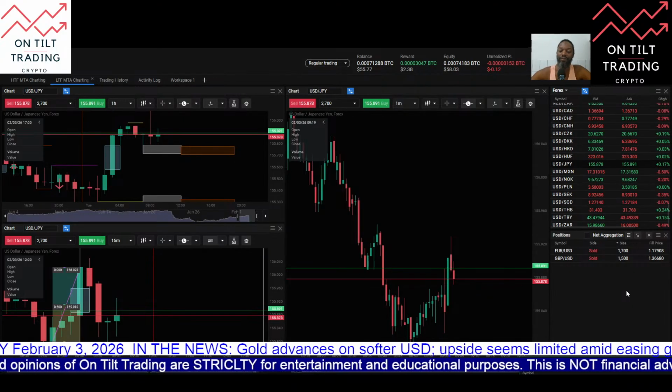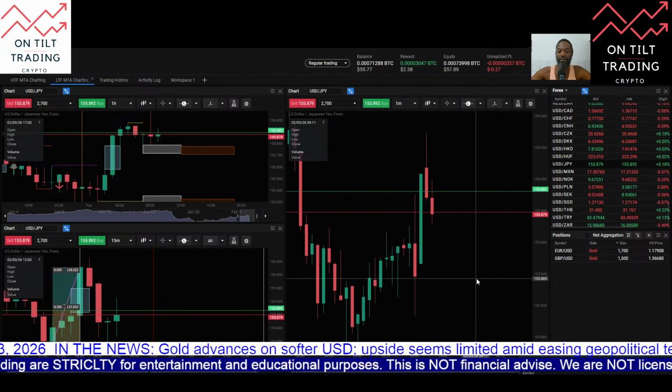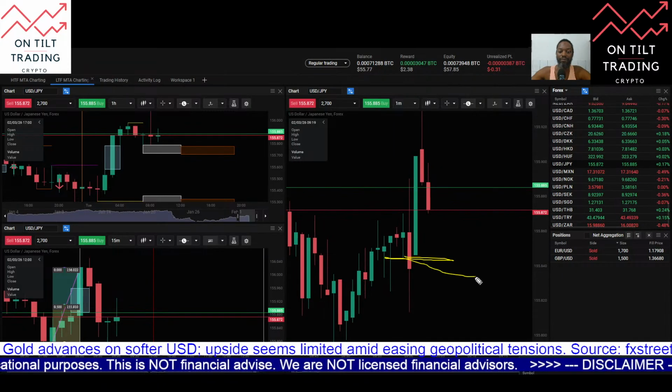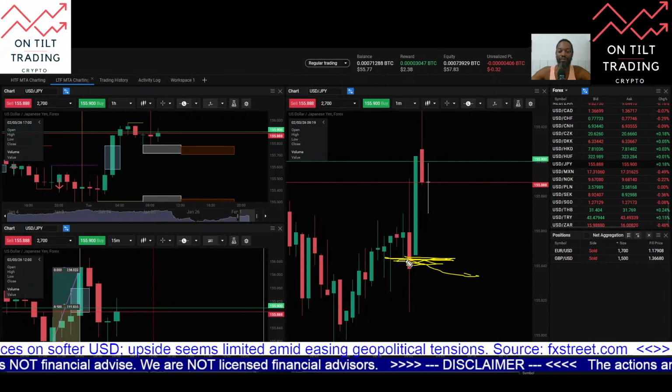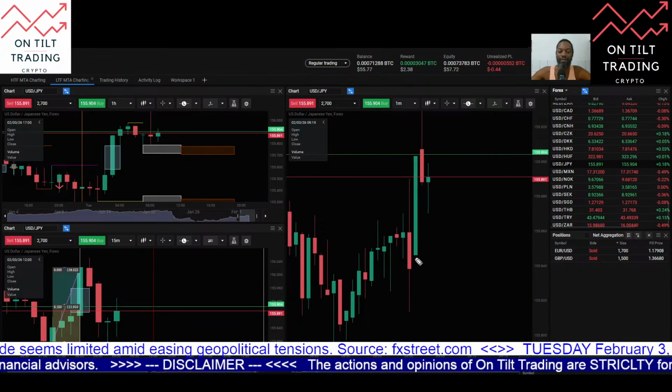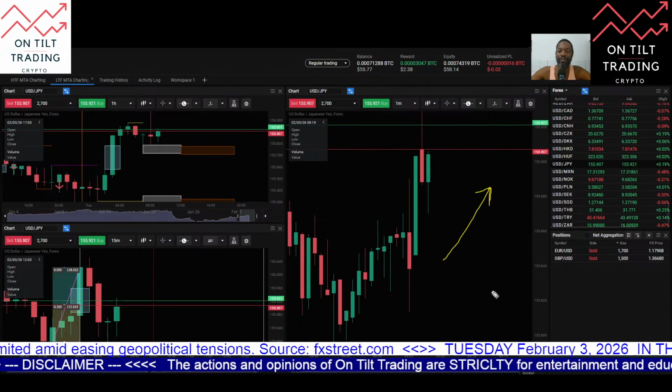Price pulling back here. I'm going to anticipate price sweeping liquidity here. There's some sell side liquidity resting down here. I would anticipate price tapping into that and then potentially redelivering here to the buy side.